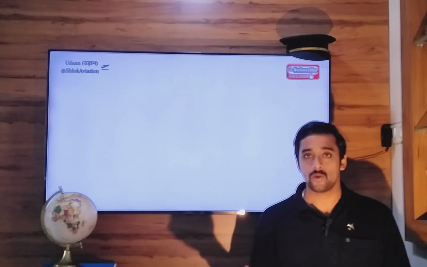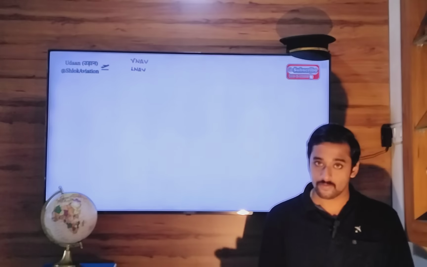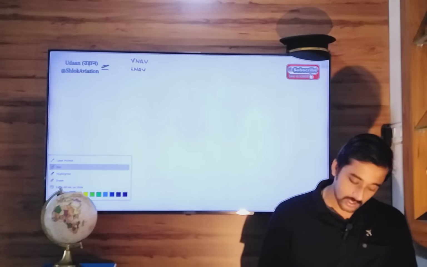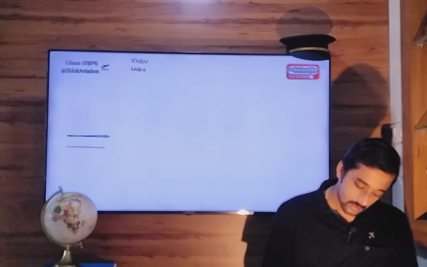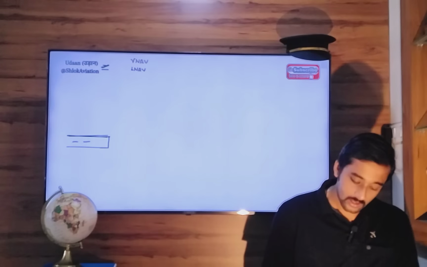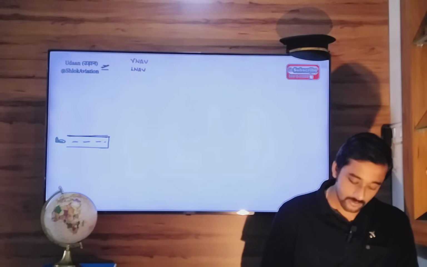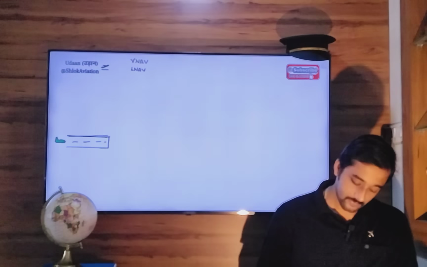VNAV, LNAV. VNAV is vertical navigation. LNAV, opposed to that, is lateral navigation. So let's say your aircraft is on the runway, positioned ready for takeoff, on your primary flight display.